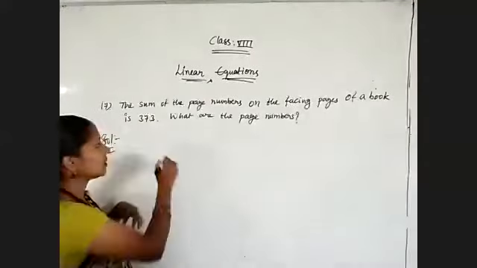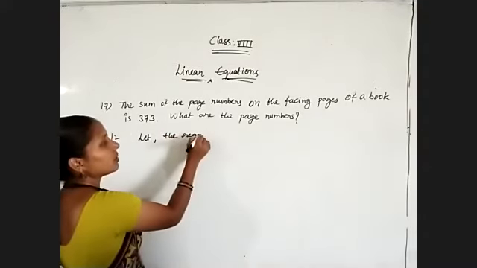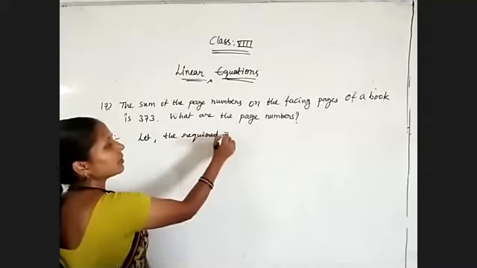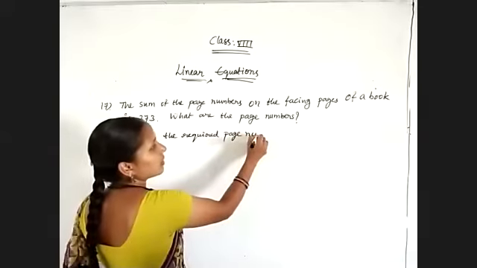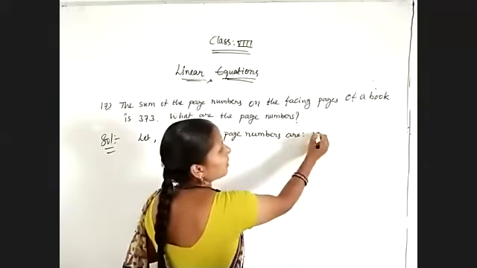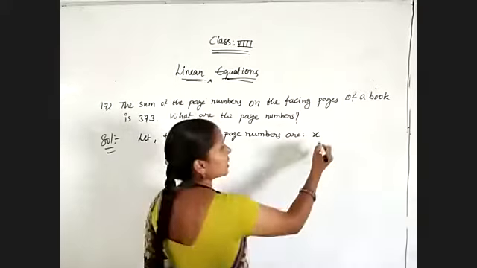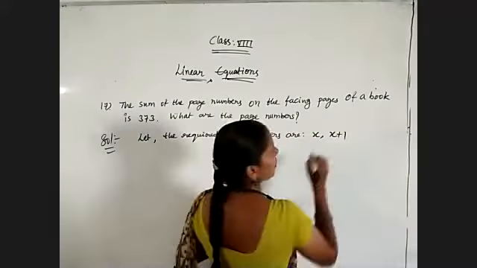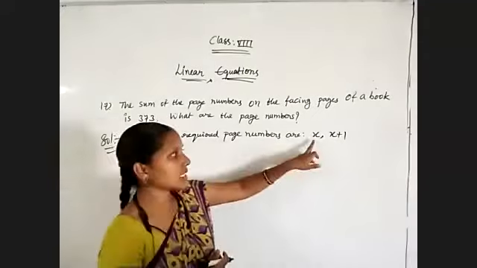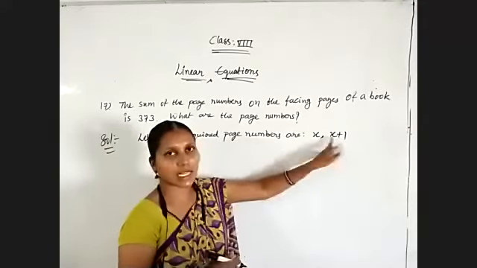Let the required page numbers be: one of the page numbers is x. Then the next page number I will get is x plus 1, when I am taking x as the smaller page.